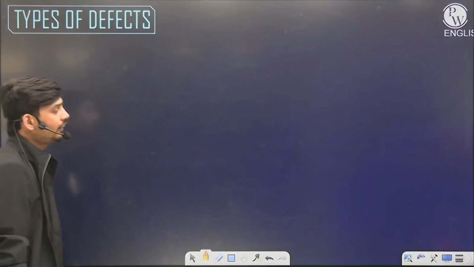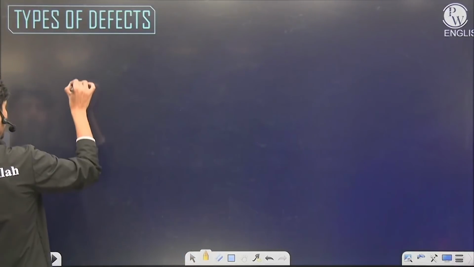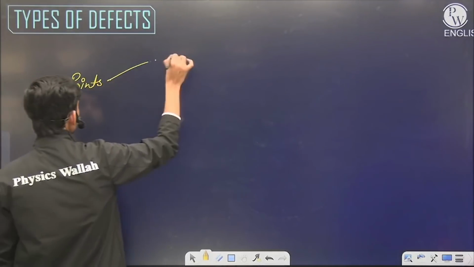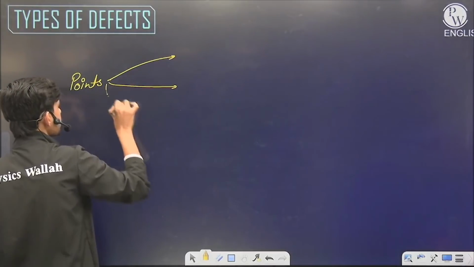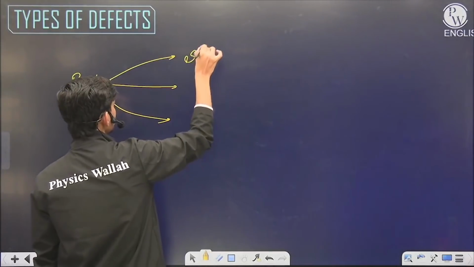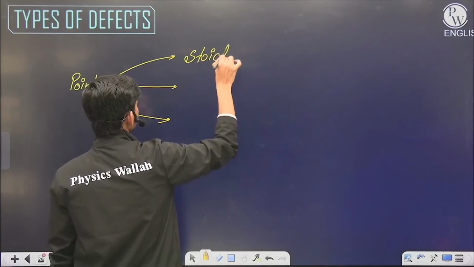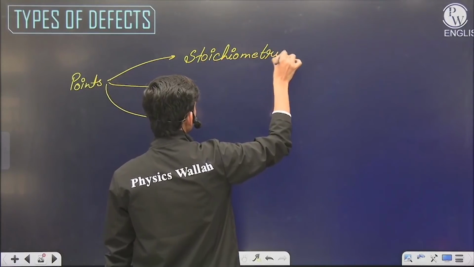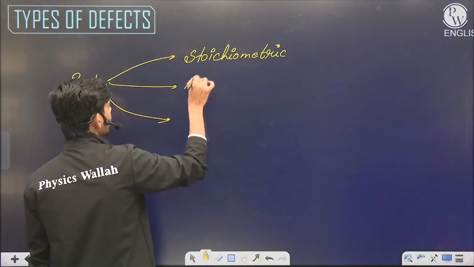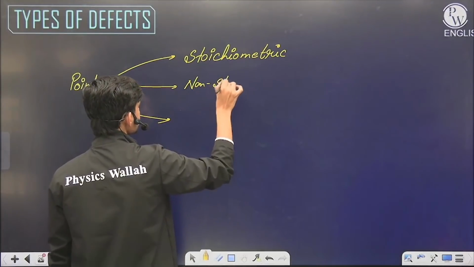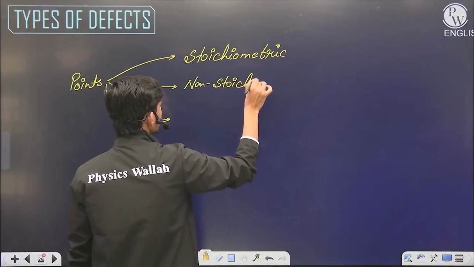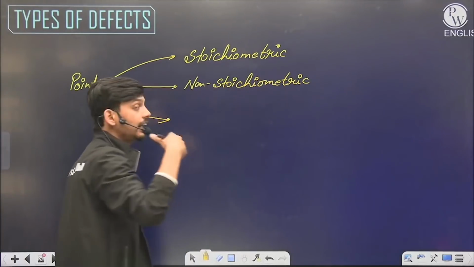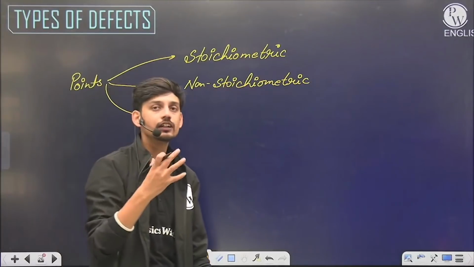Now what types of defects do we have? We have point defects, and point defects are classified into 3 portions. One is called stoichiometric defect, the defect which does not change the stoichiometry. Another is called non-stoichiometric defect, the defect which changes the stoichiometry, that means the formula of the solid will be changed.